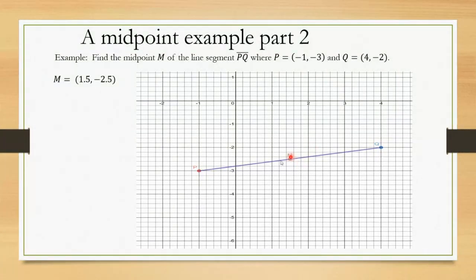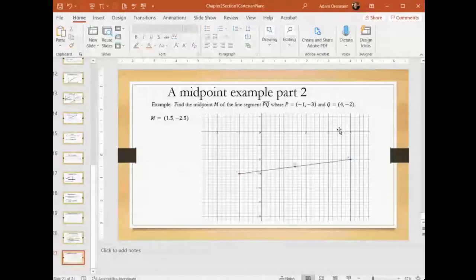And you can see M is on the line segment with endpoints P and Q. In other words, if you draw any line connecting P and Q together, M will be on that line. Okay. All right. Any questions at all?